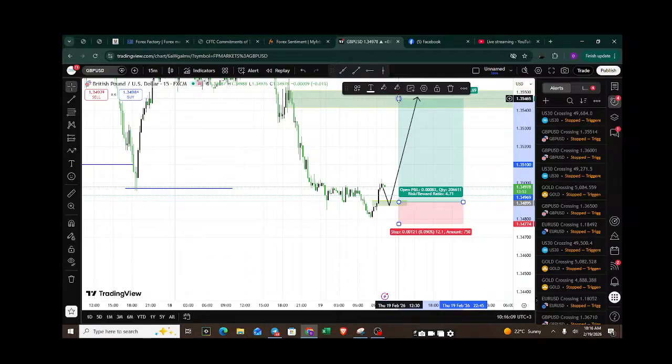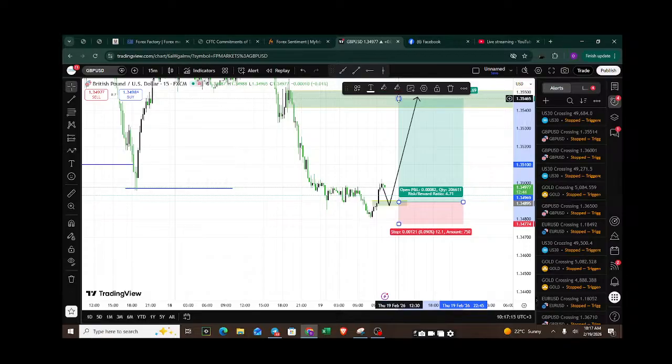So buy limit 1.3490 and then 1.3477, then 1.3454. All right, so I'm in a GBPUSD trade right now.